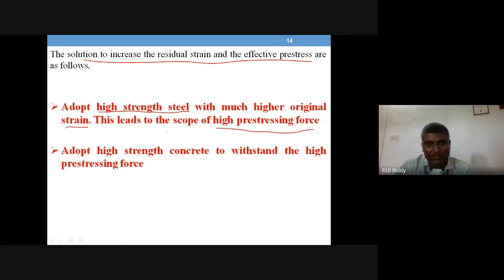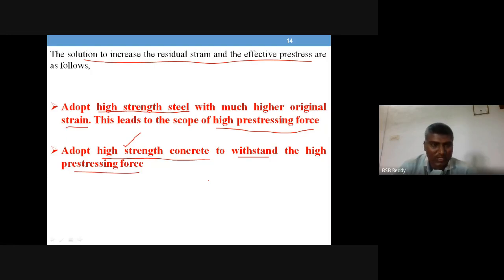If you try to adopt high strength steel, the concrete that you are using shall be capable of taking that stress. So just nominal concretes of M10, M15, M20 are not sufficient. So you need to increase the concrete strength also. Okay, so adopt high strength concrete to withstand that high pre-stressing force.